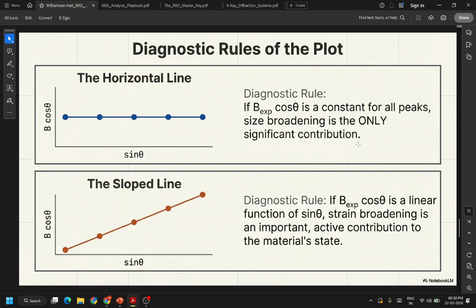Now, if you get a straight horizontal line, if your B cos theta is a constant for all the peaks, that means the only significant contribution is coming from your size and not your strain. But if you have a slope in the line, that means B cos theta is a linear function of sine theta, then strain broadening is also important, and it is actively contributing to your material state.